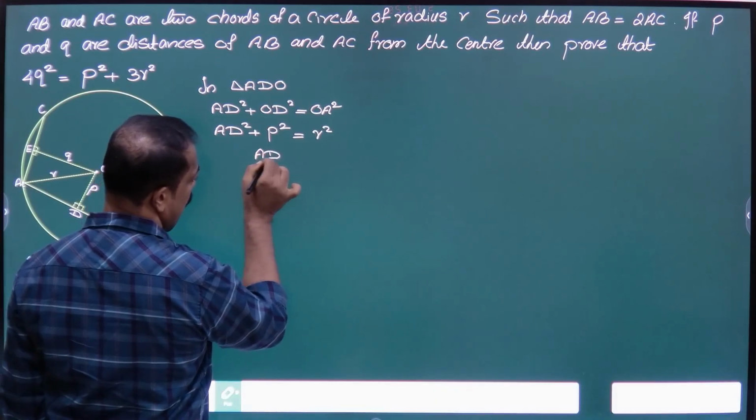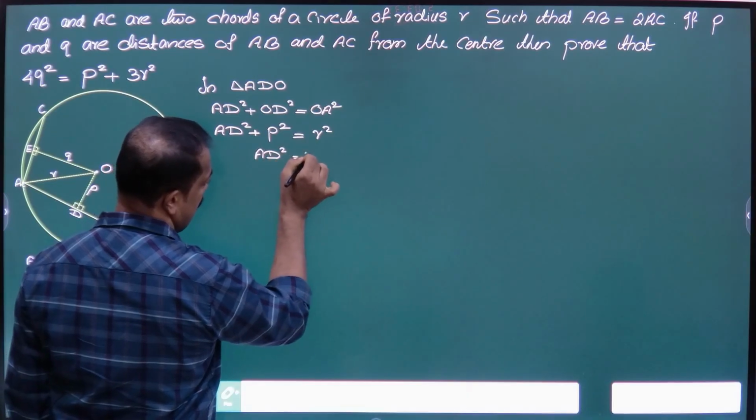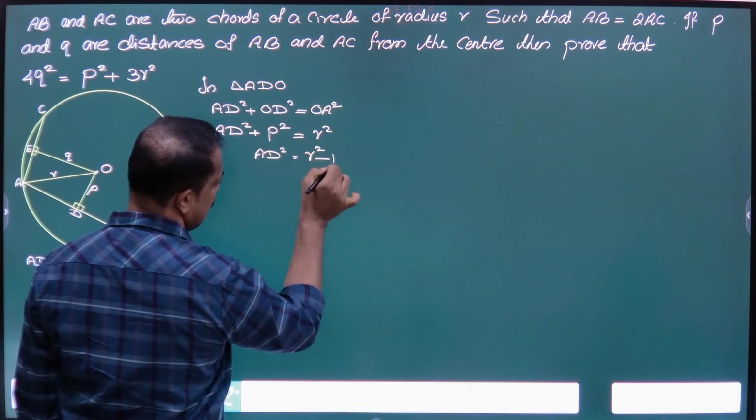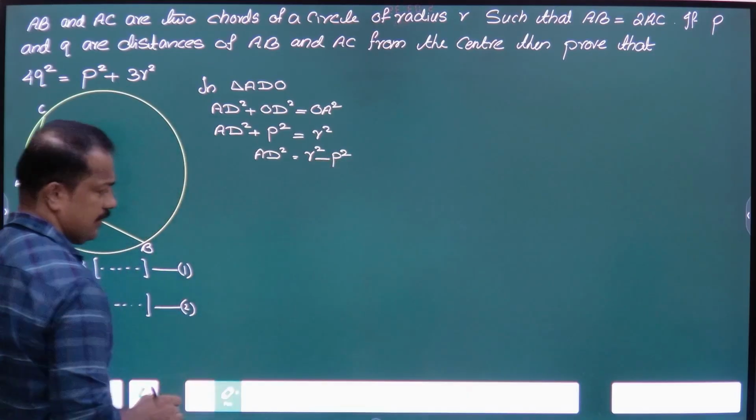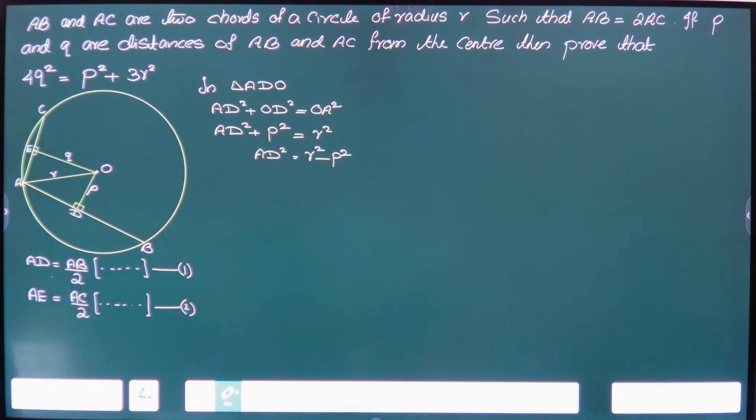From this equation we can find the value of AD. So AD square is equal to R square minus P square. But what is the value of AD from equation 1? AB by 2.